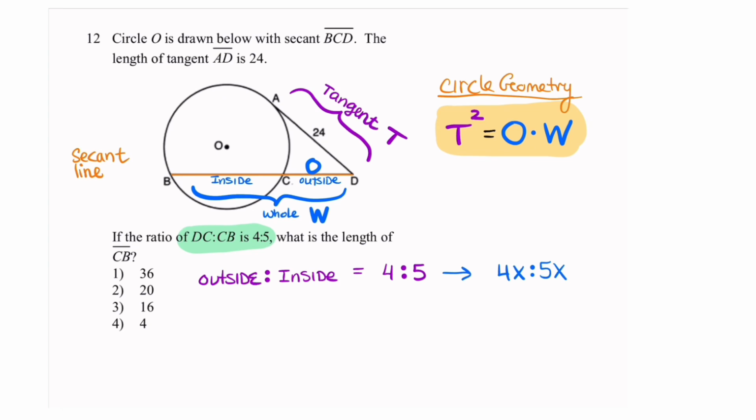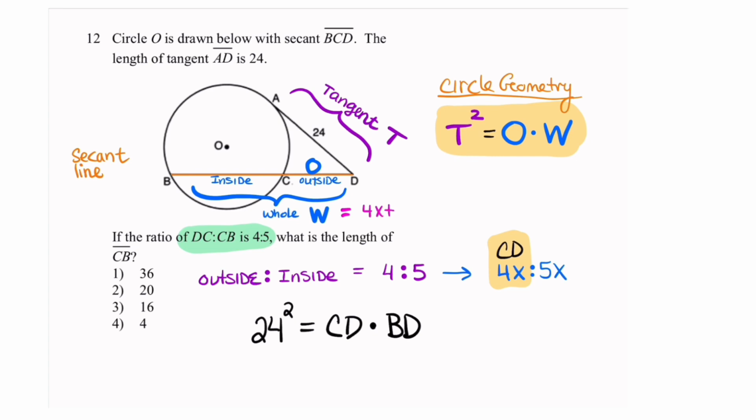So we're going to need the tangent squared, which is 24 squared, equals. The outside part is CD, so from our ratio, CD is going to be 4x. We'll replace that in a moment. And then BD is the whole part that we need. So we need W to be BD.